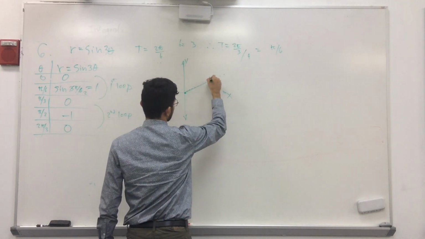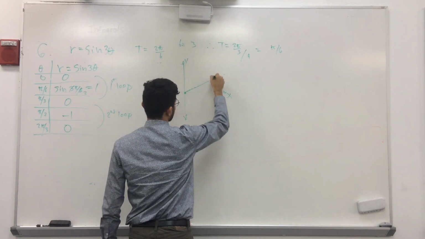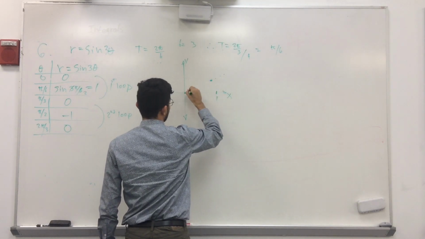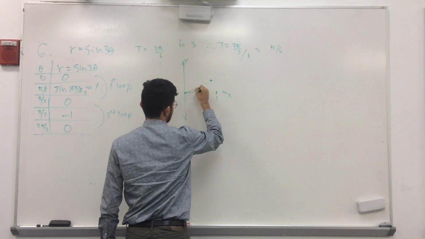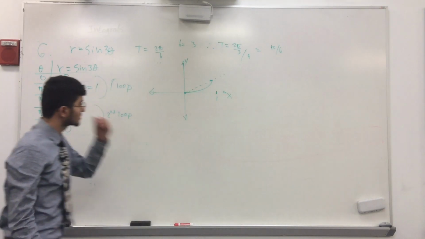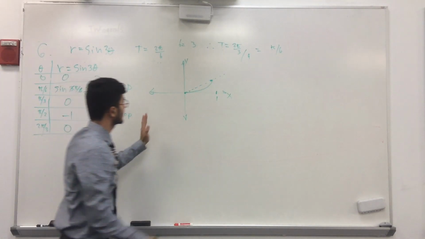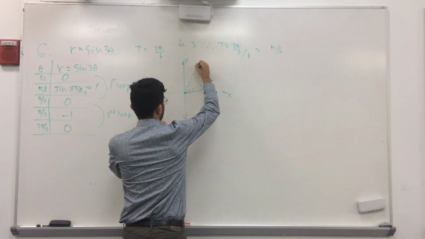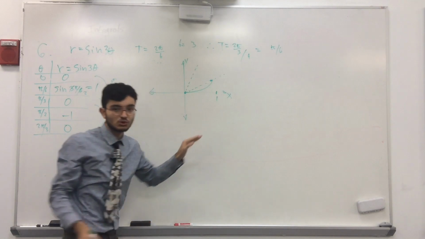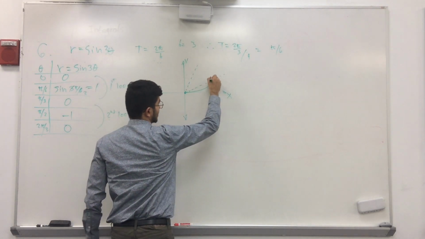This is the second point, which connects like this. Now at pi over 3, r is 0. Pi over 3 is this angle. It's just 0, so it's going to come back like this.